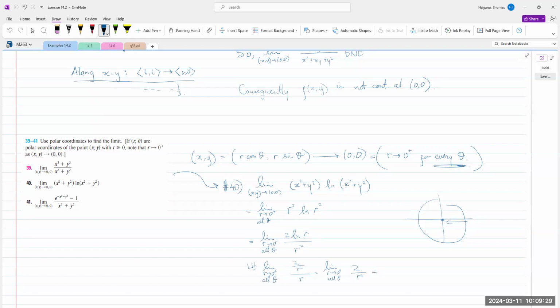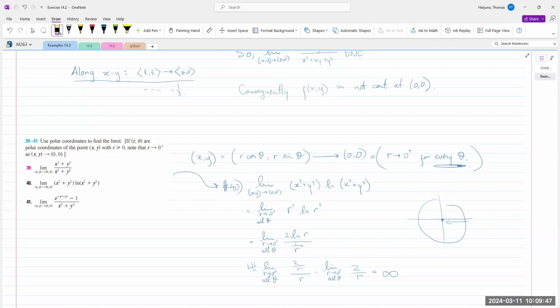Is it right? Oh, I think, sorry, I made a mistake. This is supposed to be 1 over r squared.